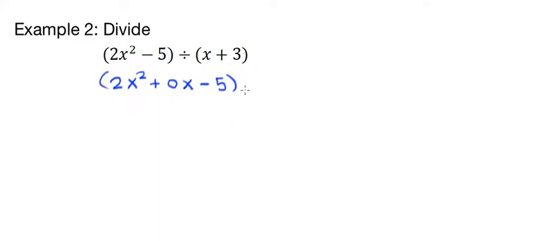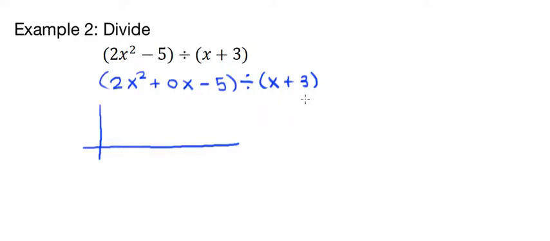And then the new division will look like this. X plus 3. Now we are ready for synthetic division. So as we did before, we start by placing a vertical line followed by the horizontal line up to here. We write on the top the coefficients of the dividend, 2, 0, minus 5.